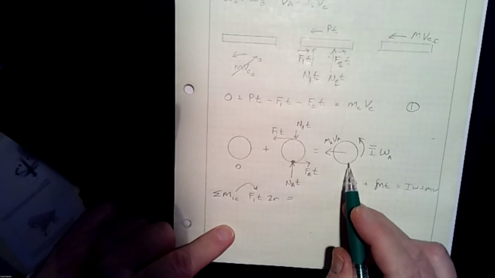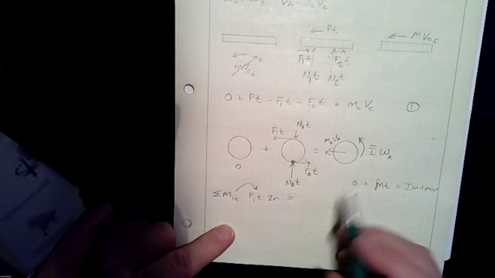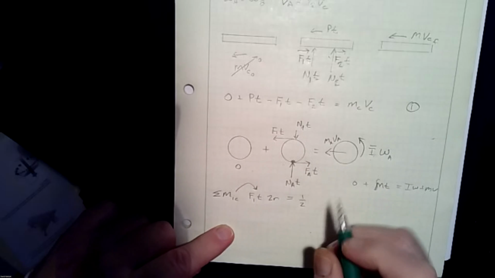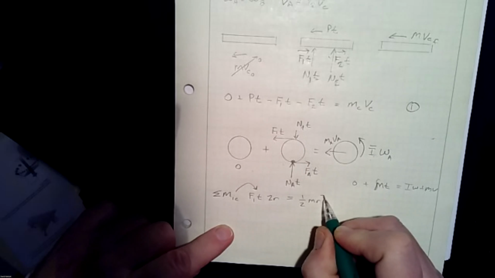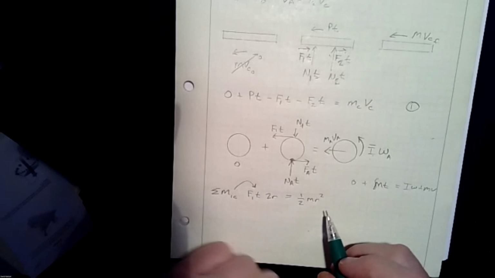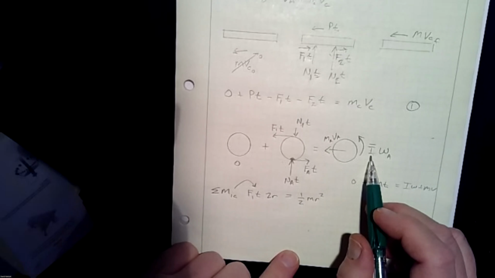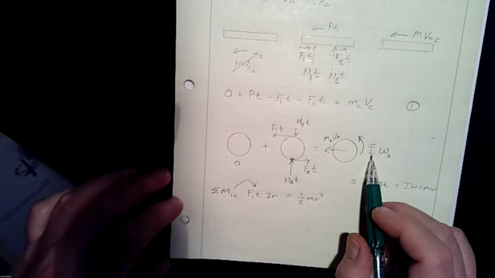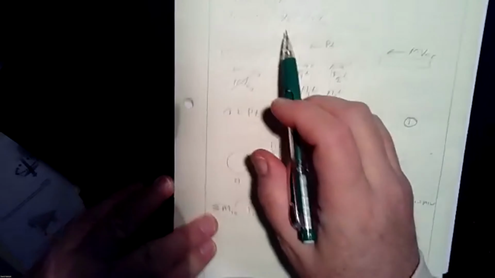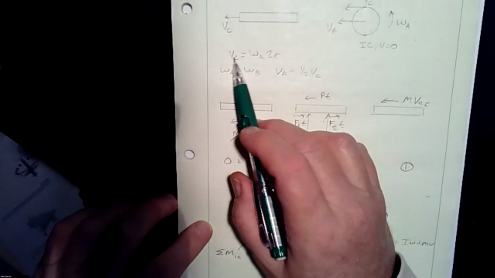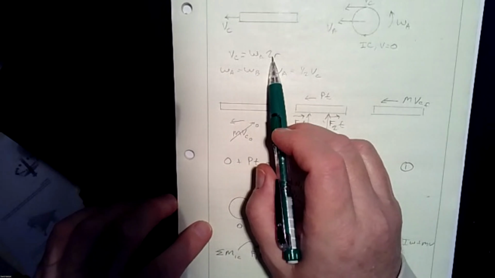Then that's going to equal what I have going on here, which I know is 1/2 mr squared, because that is the moment of inertia of this. And remember that up here, we know that VC equals omega A over 2R.